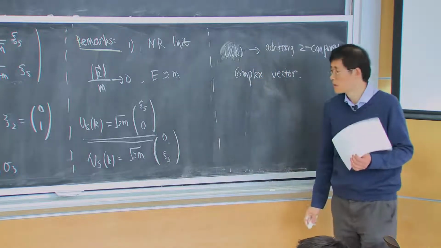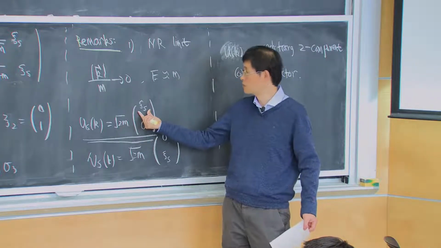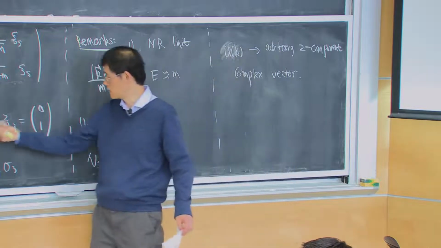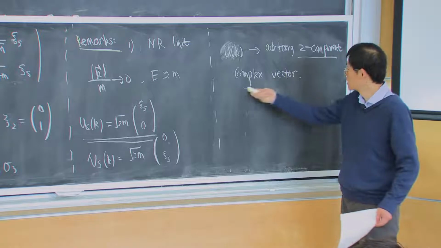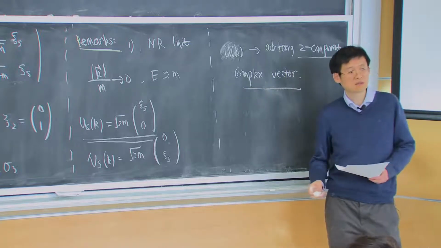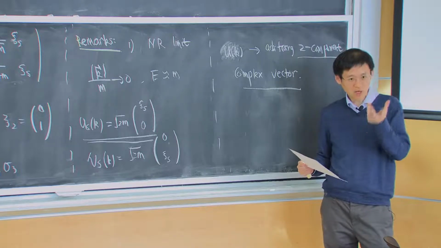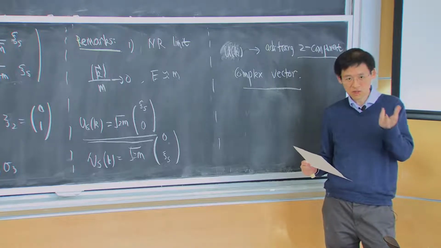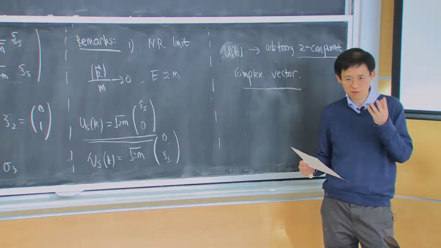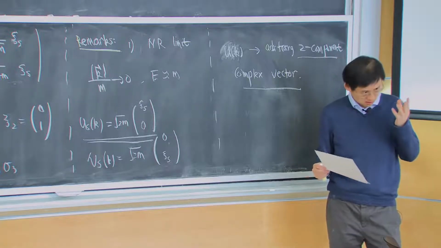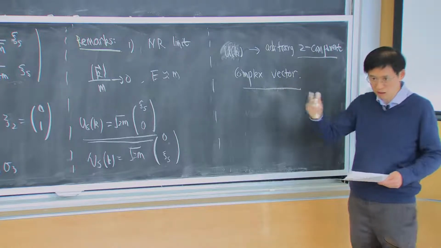This is just some constant, and as a basis you just have this basis, and then you can do arbitrary superpositions. So this should remind you how we describe a spin half particle in the non-relativistic limit, and it's precisely a two-component vector.